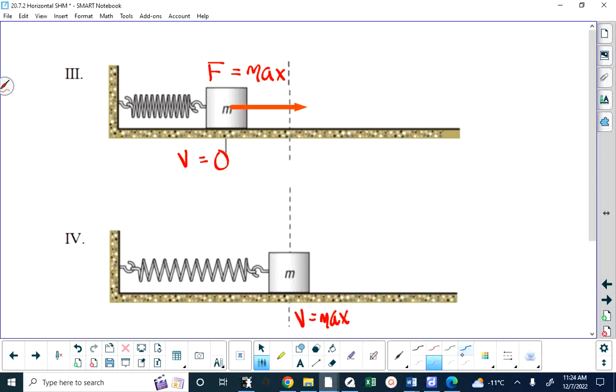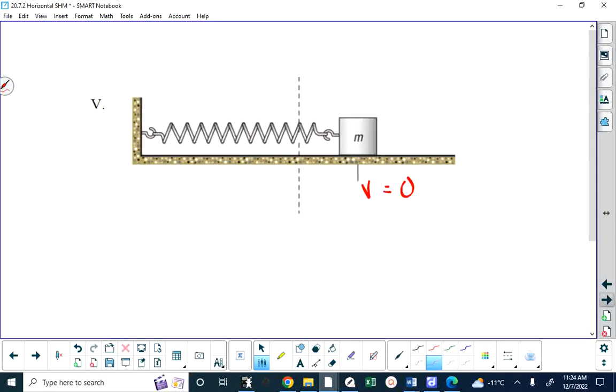When it gets back to the equilibrium position on its way to the right, since the displacement away from the equilibrium position is 0, there will be no force, and then it repeats. Right? We're back to the beginning, so now we have this force in that direction that's as large as possible.